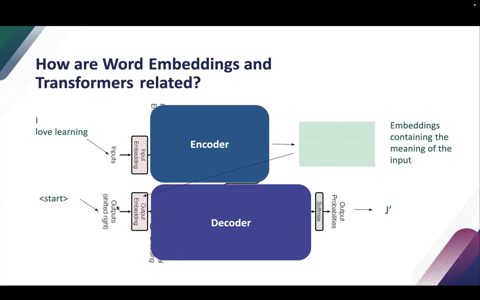And what you're expecting out of your decoder is to predict the word je in French, which is I in English. But in order for your decoder to predict the first word, je, it has the whole sentence in English, the whole meaning of it embedded in this numerical format.